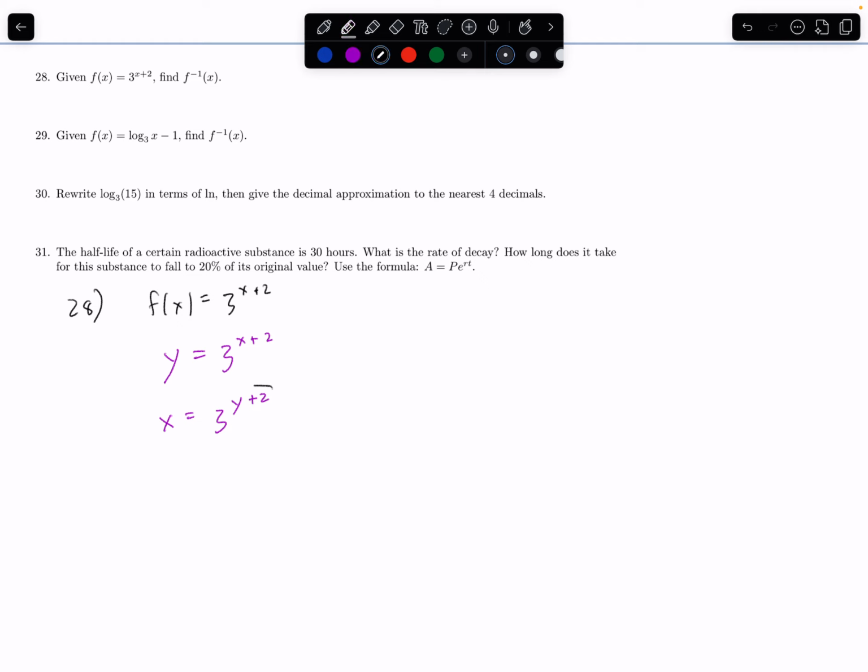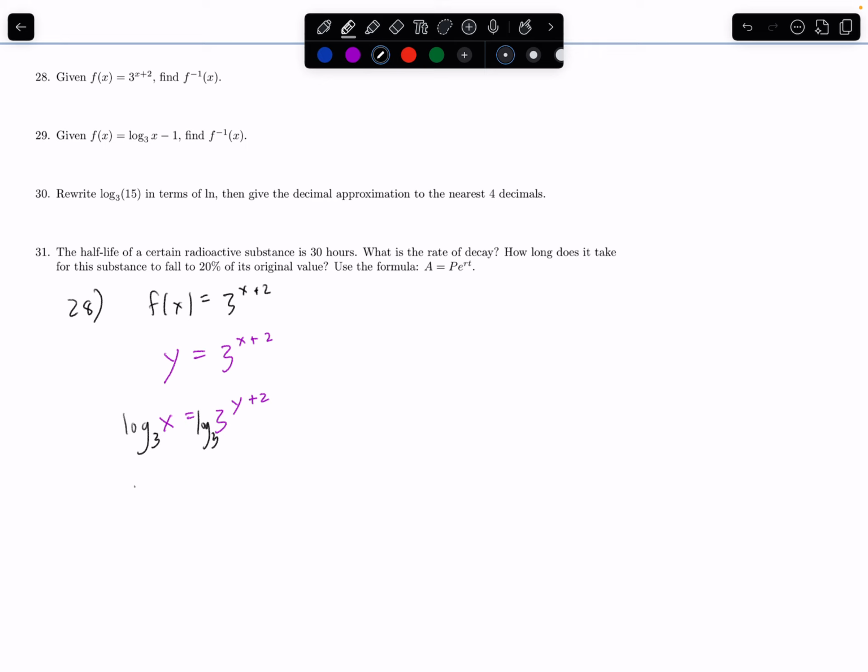Okay, so how do I solve for this? Well, I want to pull this y down, and the most natural way to do that to me is to just take logs, right? Logs is going to undo it. Now here, I could take really any log I wanted, but I'm not concerned about entering this into my calculator here. So I'm going to take the log base that matches this base over here. I'm going to take log base 3.